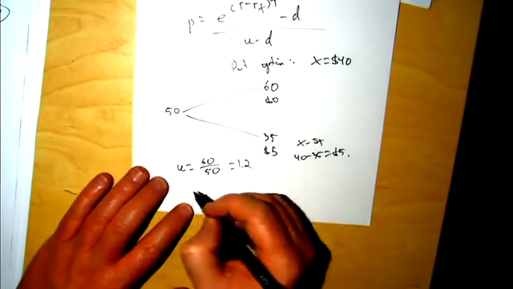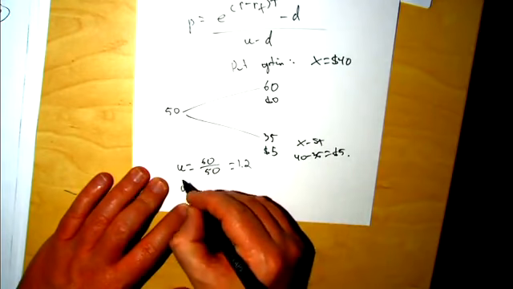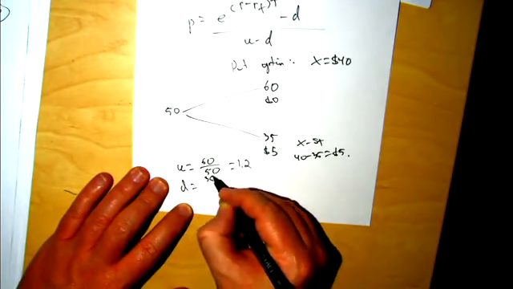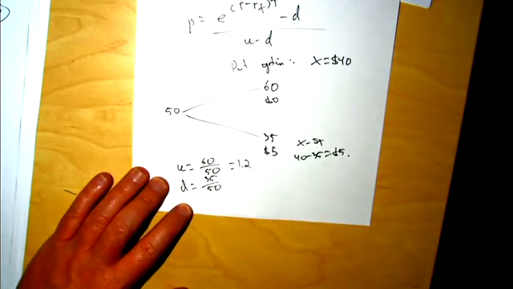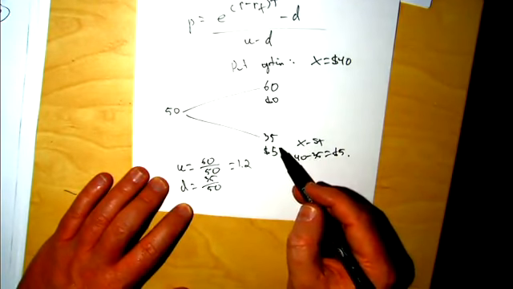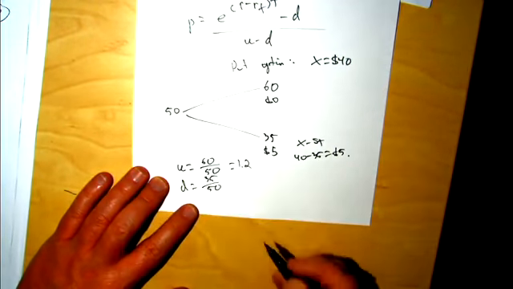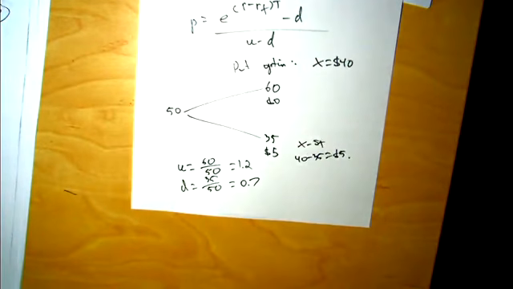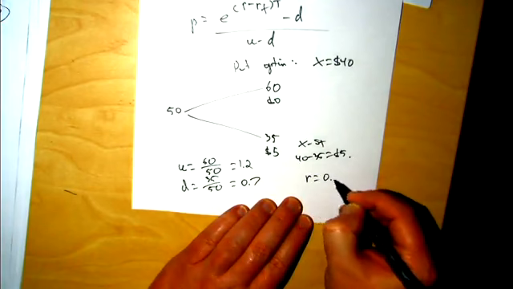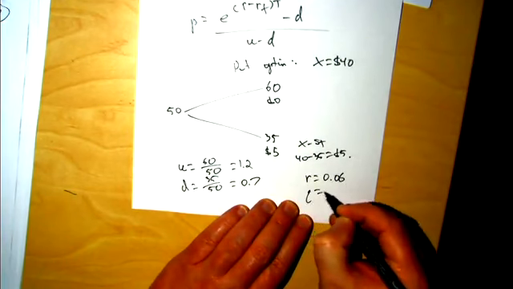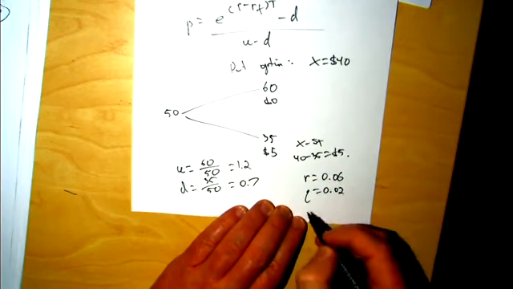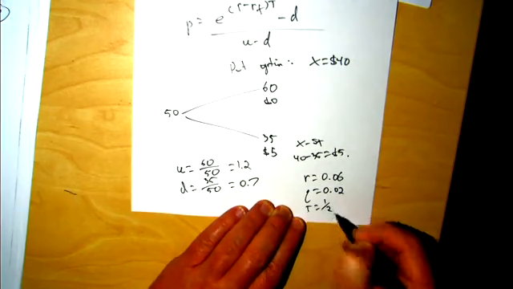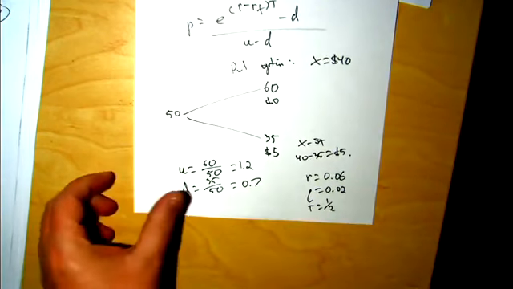So in other words, prices have gone up 20%. Or D, which will be 35 divided by 50. The price if I go down of 35 divided by the beginning price of 50 to give me 0.7. Other information, the risk-free is 6%, dividend yield is 2%, and T equals a half. Okay, half a year.